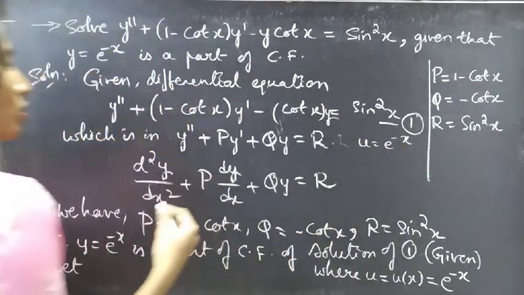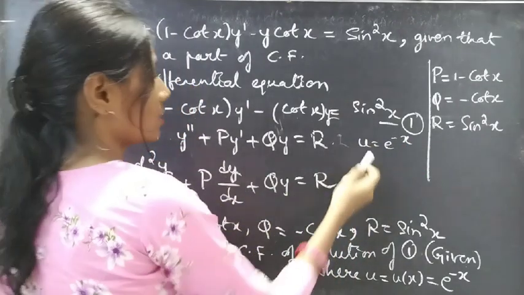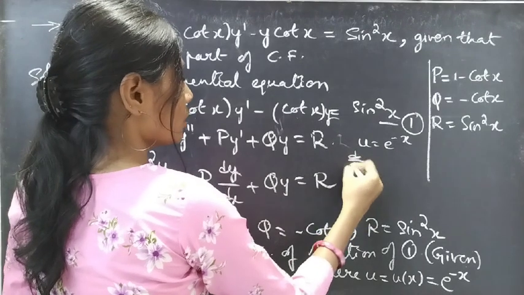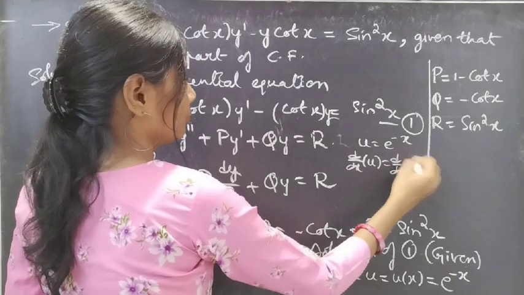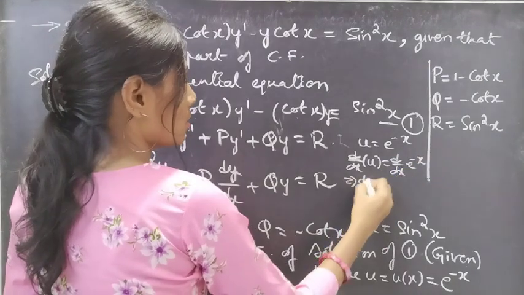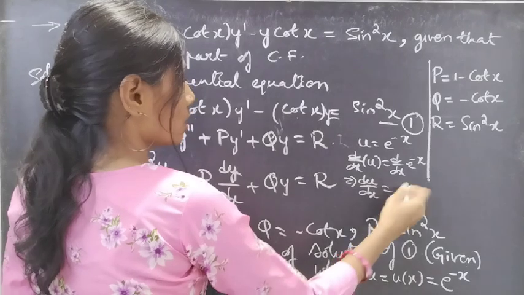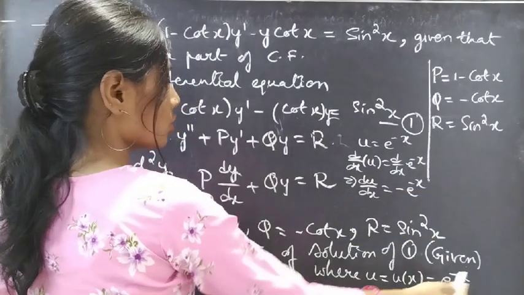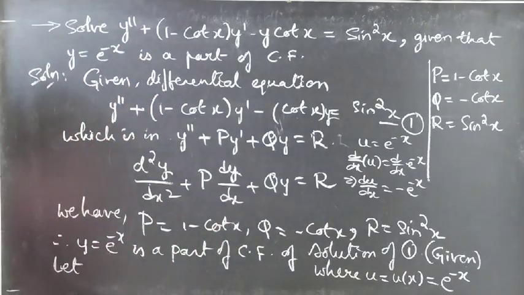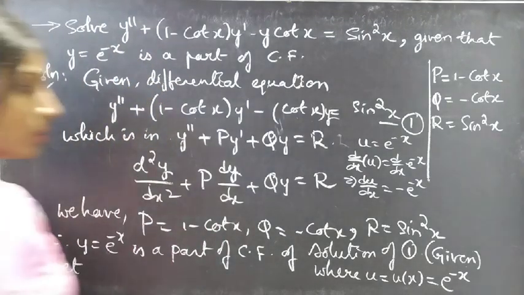We need to find derivative of u with respect to x. So let's differentiate on both sides with respect to x. We'll get du by dx equal to minus e power minus x, right?